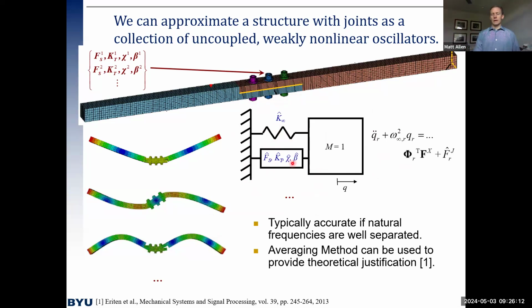So this idea of taking a nonlinear structure and expressing it as a superposition of weakly nonlinear oscillators is something that's been studied. There's a good paper that explains the theoretical justification in the cases when this can and can't be used, or at least you can explain some of the cases when it definitely can't be used.